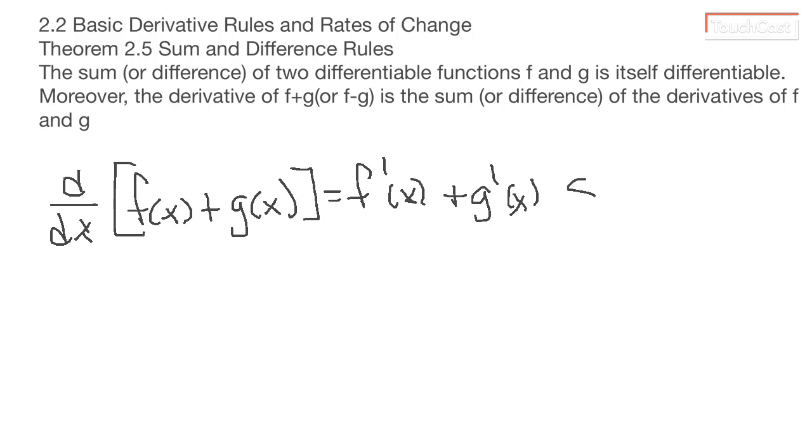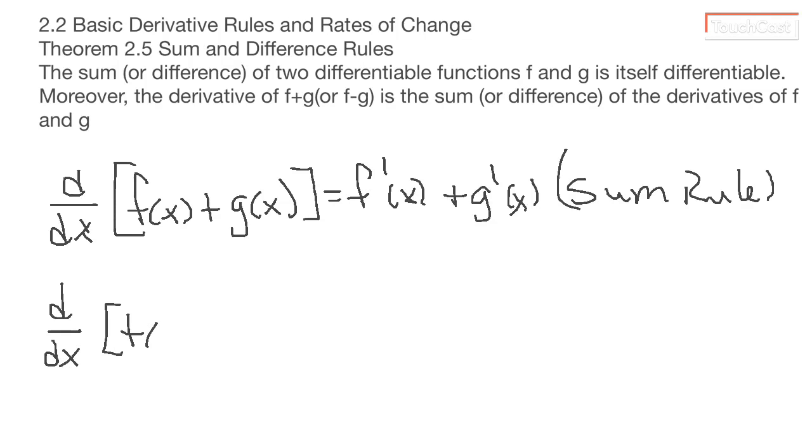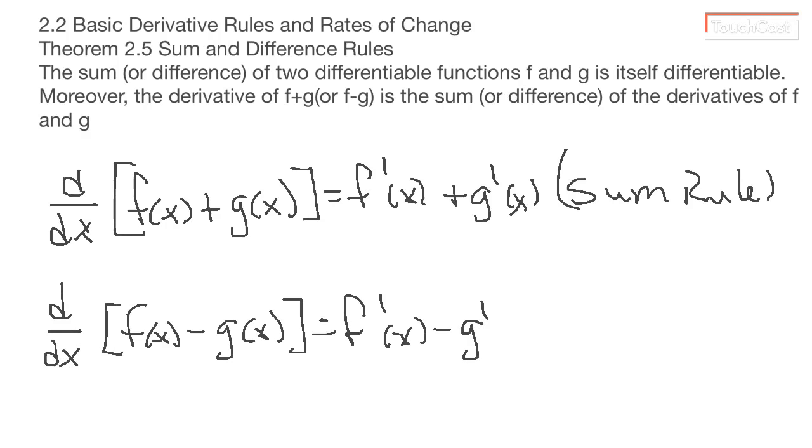This here is the sum rule. Likewise, if we're looking for the derivative of f of x minus g of x, it's going to equal f prime minus g prime. This is the difference rule.